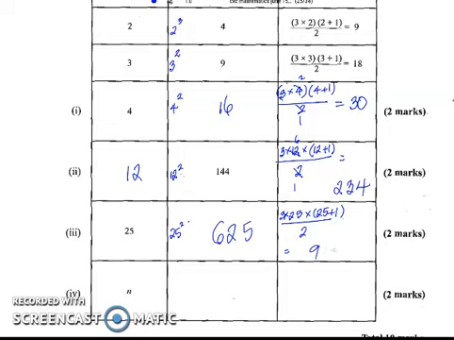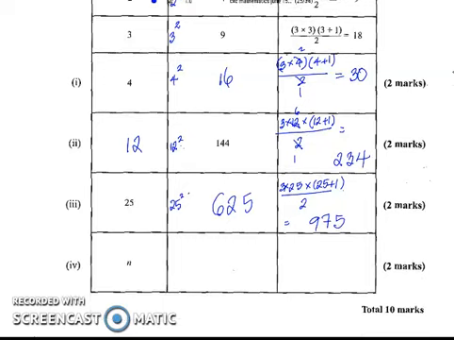So this one would have 975 unit sides. And then lastly, the last row, n is the figure number, and in the middle you're going to have to square the figure number, so this is n squared.